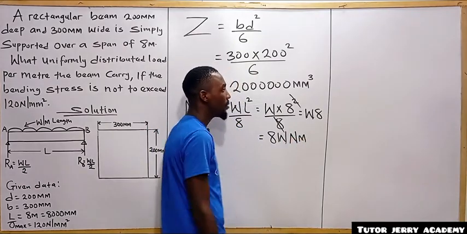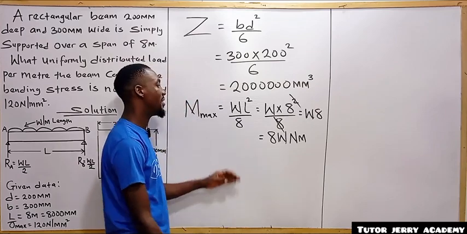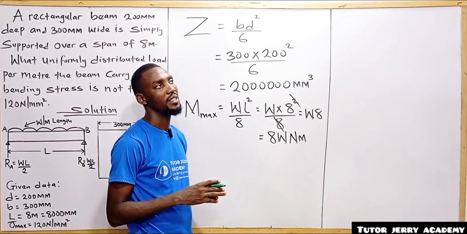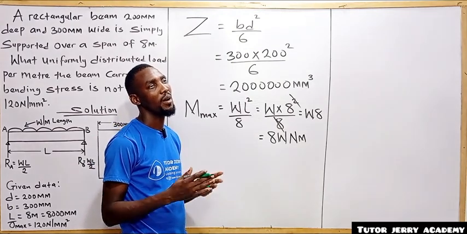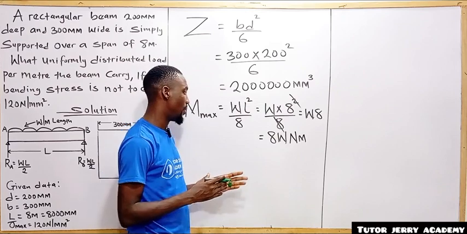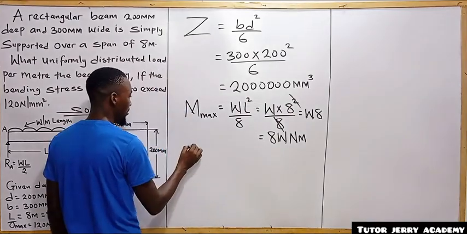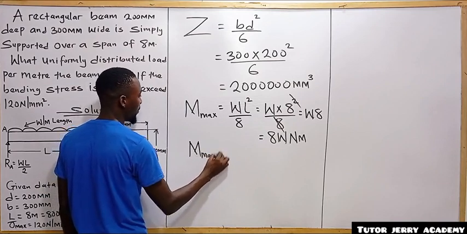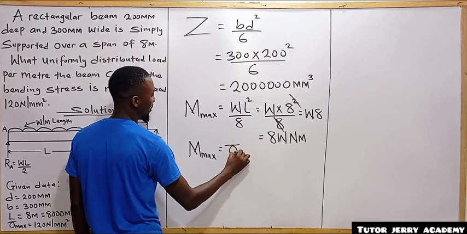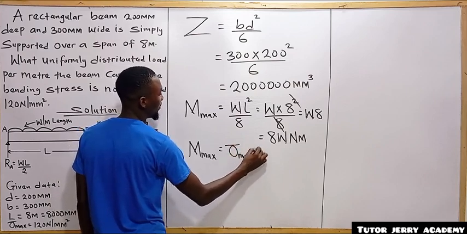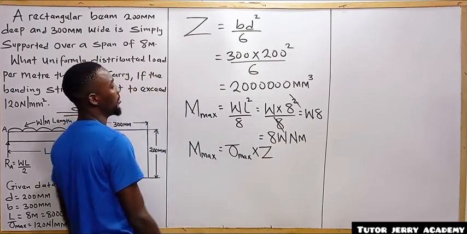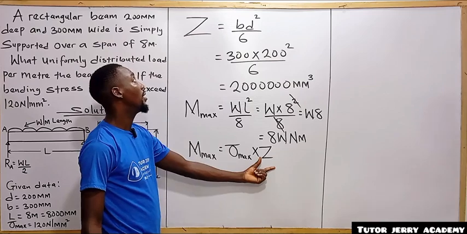The next thing you are going to recall, from our flexural equation, is that our maximum bending moment is equal to maximum stress multiplied by the section modulus.